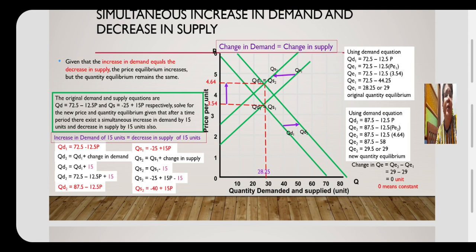So graphically we can see that there is that same line between the original and new quantity equilibrium. Notice also that the gap between the original and new supply curves is as big as the gap between the demand curves.